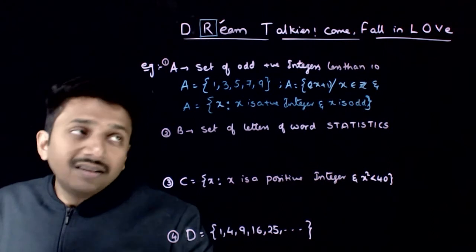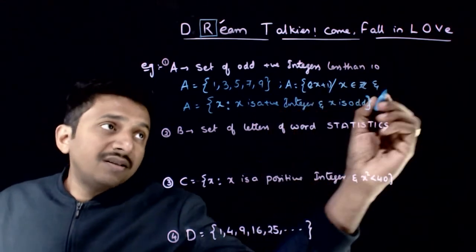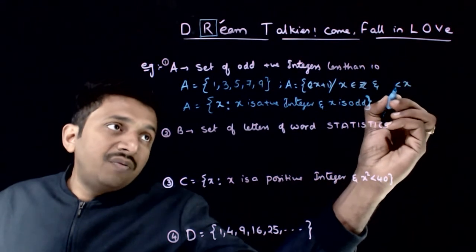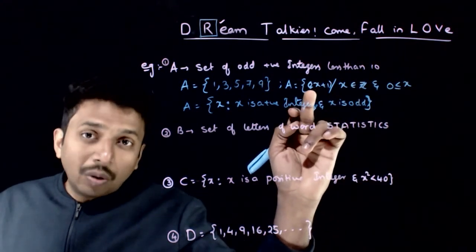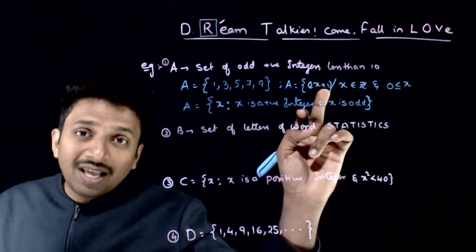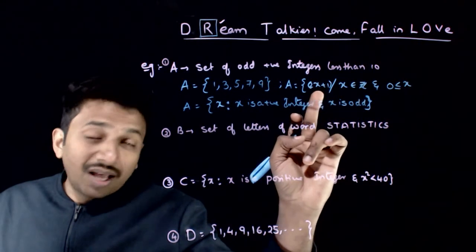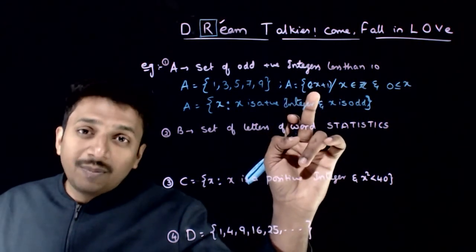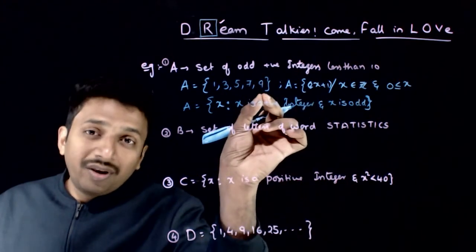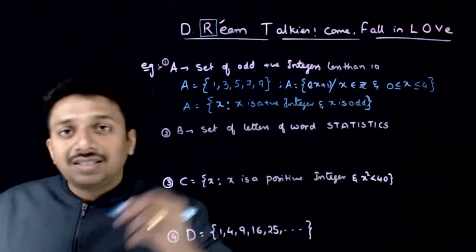And what should be the value of x? x can start from 0. If x is 0, the element becomes 1. If x is 1, the element is 3. If x is 2, the element is 5. If x is 3, the element is 7. If x is 4, the element is 9. So I want only elements till 9, so x is greater than or equal to 0 and x is less than or equal to 4.